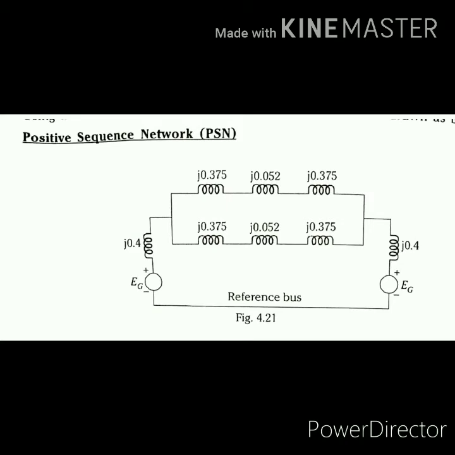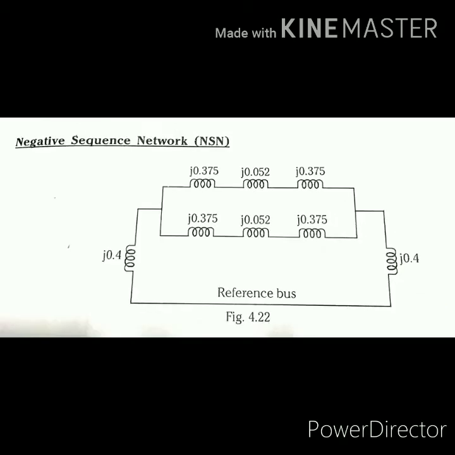Two transformers, and in between them you have the j50 ohm transmission line. So you have to substitute the reactances for all of that. And then on the other side, again you have machine 2, so again a reactance and an EMF source EG. Now when you draw the negative sequence network, you have to avoid the EMF source.